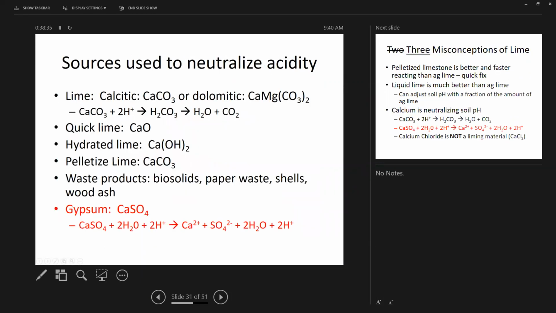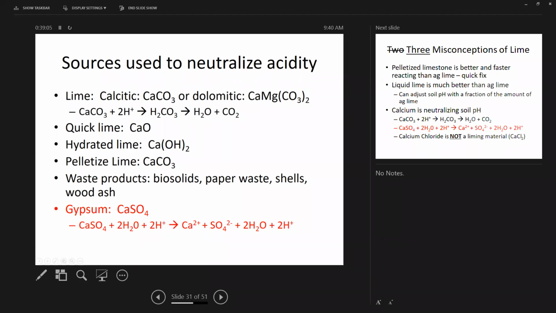So now that we've calculated our RNV, what kind of different sources can we use to neutralize acidity? By far the most common liming material worldwide is calcitic limestone, calcium carbonate, CaCO3. If you get enough magnesium present, I think it's about 10% of the lime being magnesium, then you have dolomitic limestone.